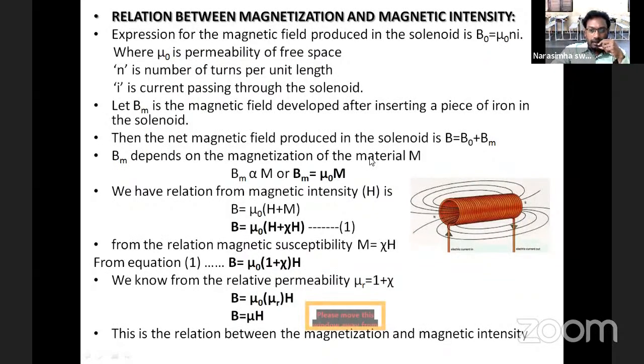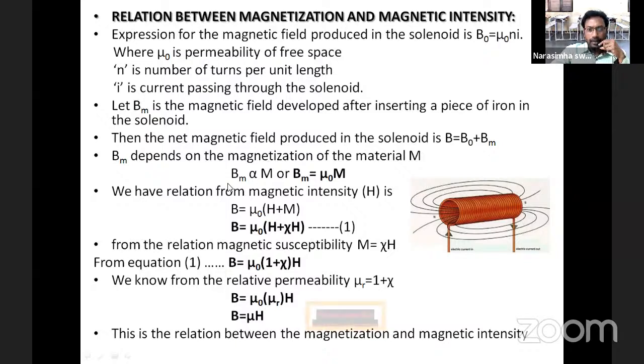So what kind of material we selected? The magnetization of this material depends on what type of material we selected, and that is nothing but permeability. Based on the permeability, this magnetization takes place. So here is the relation: the magnetic field due to the material depends on the magnetization.